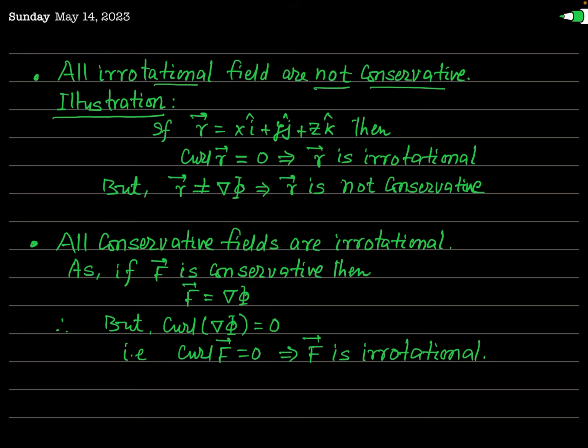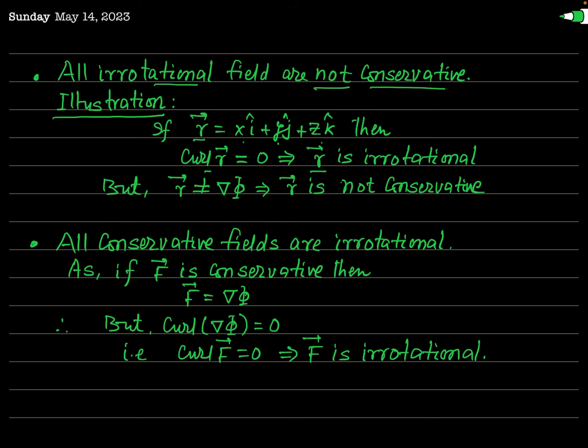You can consider this example, which I have discussed in the previous lecture: if we consider the position vector r, which is defined by xi plus yj plus zk, then you have learnt in the earlier lecture that curl of r is equal to 0. You can check it from the definition of curl. So as curl of r is equal to 0, you can say that this vector field r is an irrotational vector field.